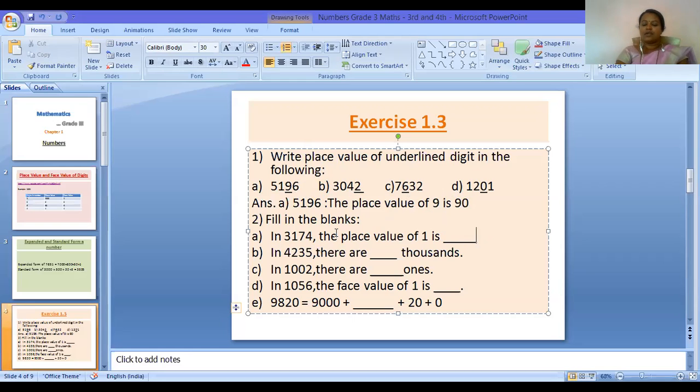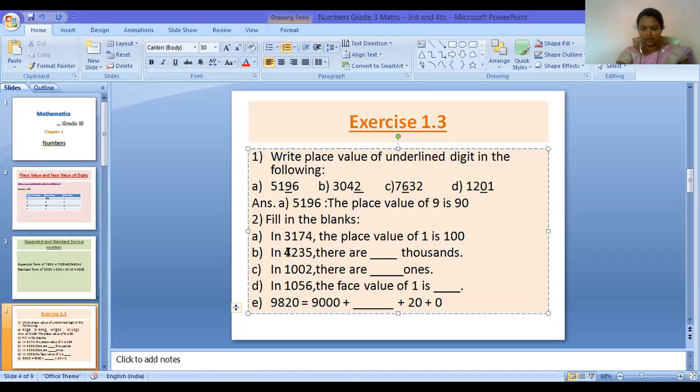Next we have fill in the blanks. In 3174 the place value of 1 is, can you guess? Yes, it is 100. Next, in 4235, there are how many thousands?